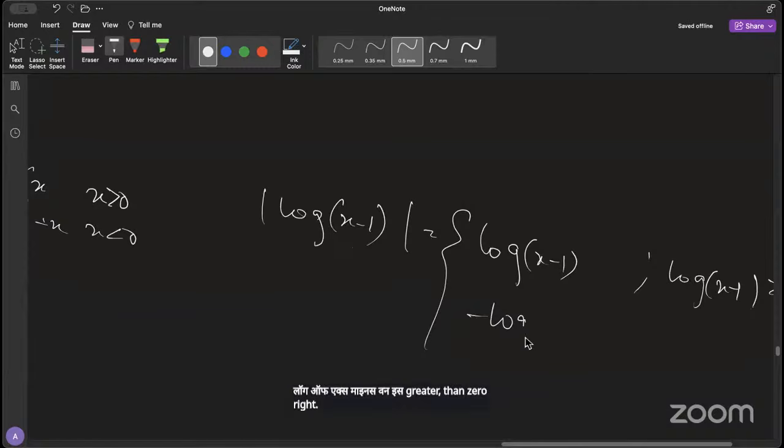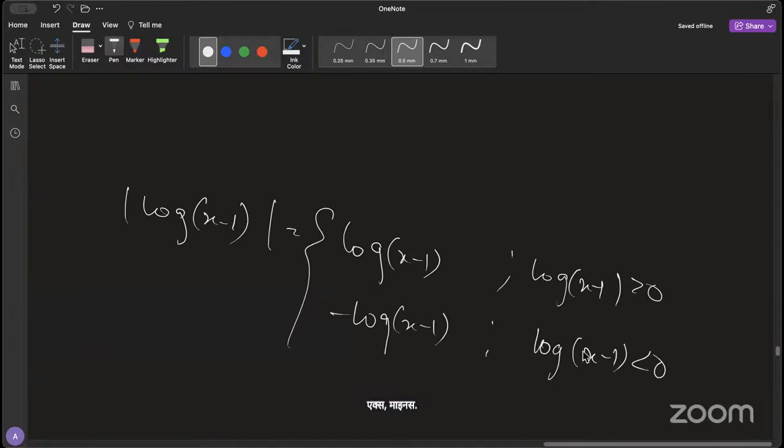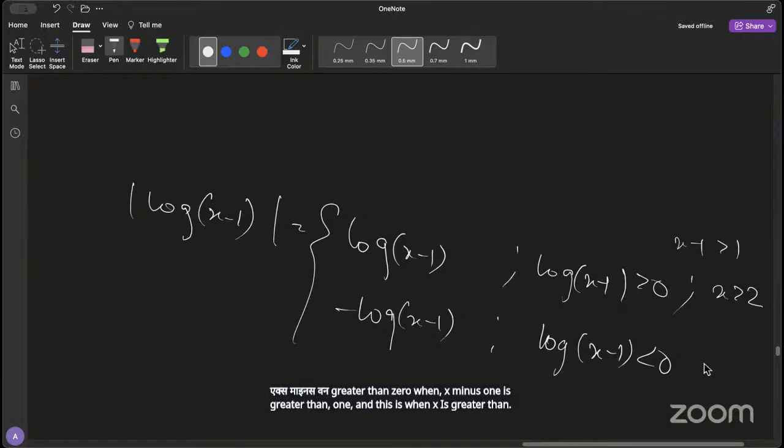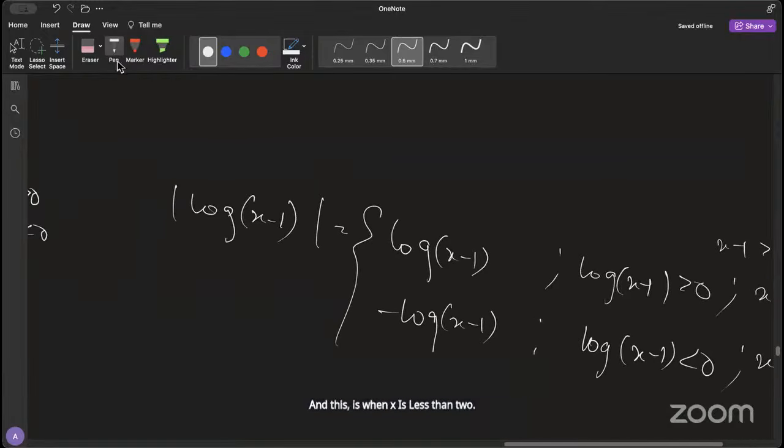And minus log of x minus 1 when log of x minus 1 is less than 0, right? When is log of x minus 1 greater than 0? When x minus 1 is greater than 1. And this is when x is greater than 2, right? And this is when x is less than 2. Is this okay?